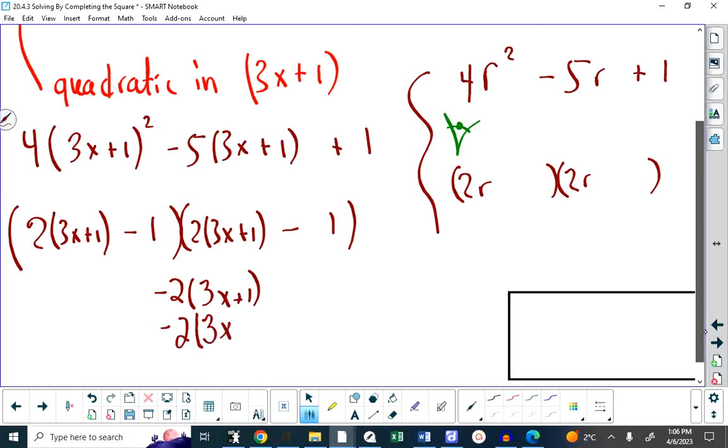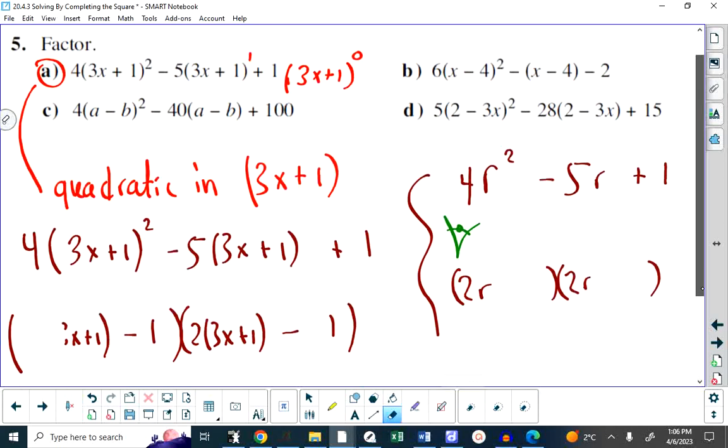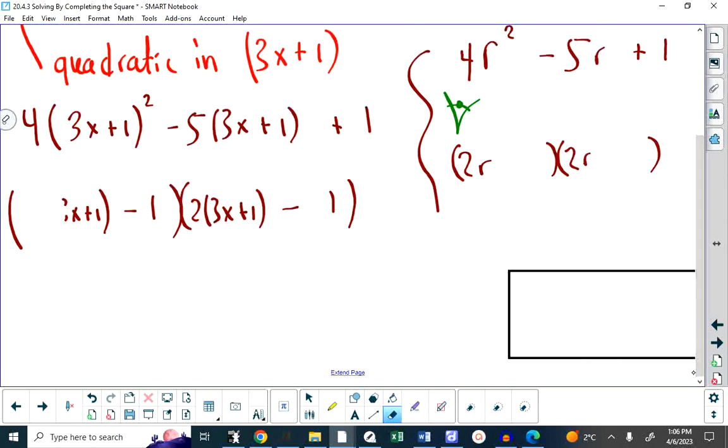And this is why we have erasers. When I combine these, I'm going to get negative 4 times 3x plus 1, and I want negative 5, so that's not right. I think most of us, or a lot of us at this point, would notice then that if instead of having a 2 and a 2, you had 4 and 1, it would work.